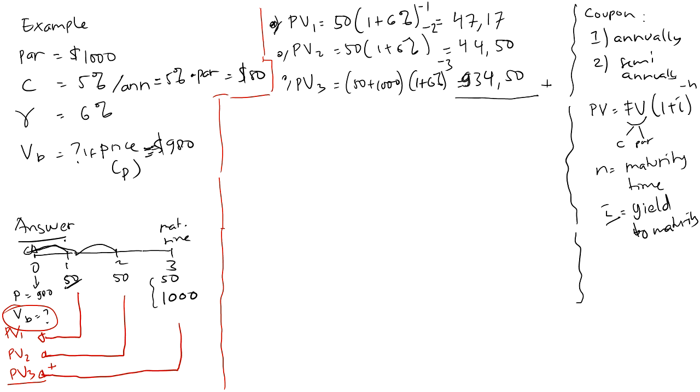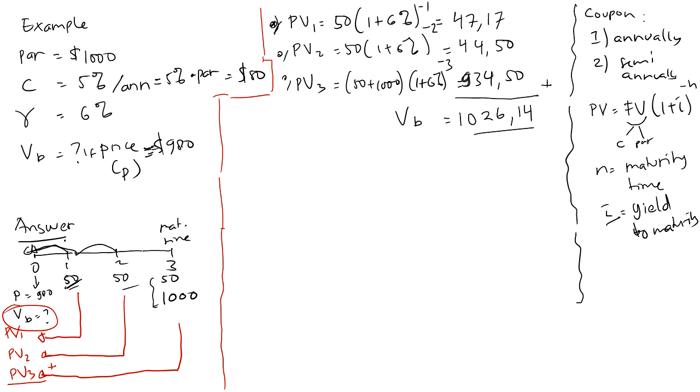Then we add it all. This will be the PV total, or the value of the bond, which is 1,026.136. I round it to 1,026.14. This is the value of having all these benefits.